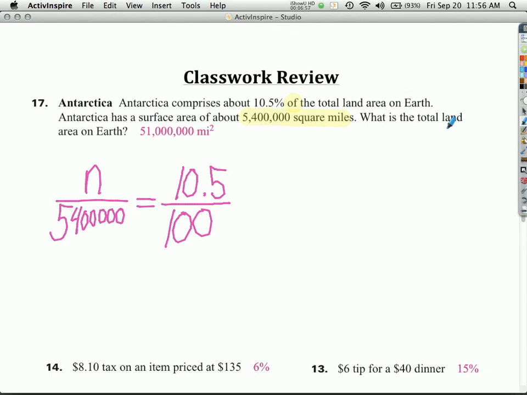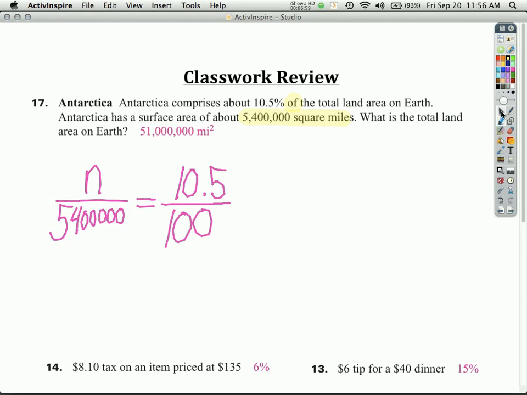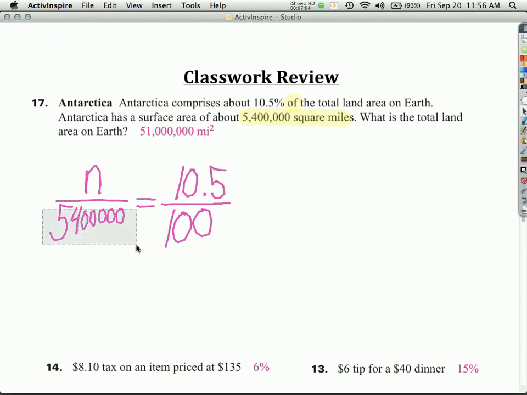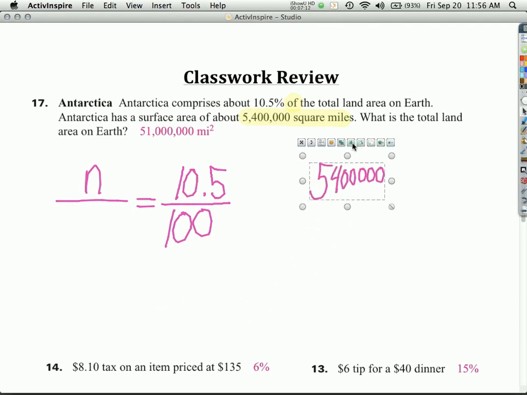So which is missing? The is or the of? I think that's what Michaela is bringing up, is she's saying, well, that's supposed to be up top, and the n is supposed to be on the bottom. So which one goes where? What's missing? Of the total land area on Earth.